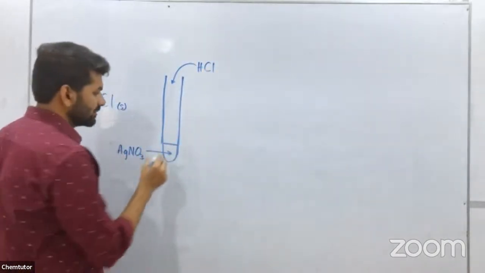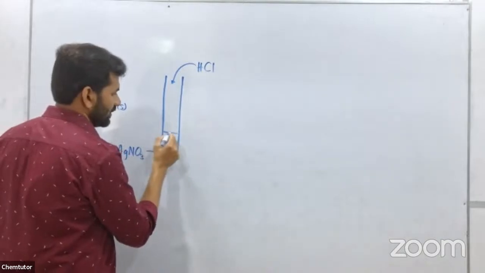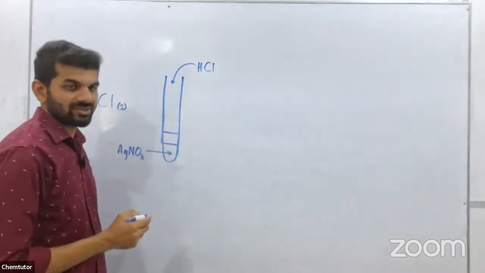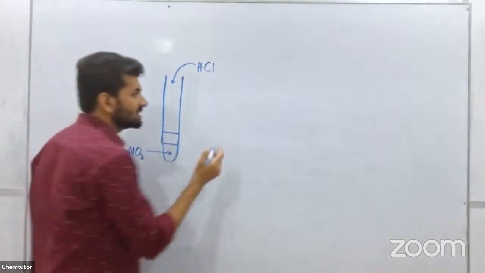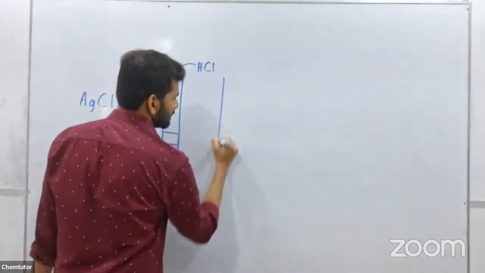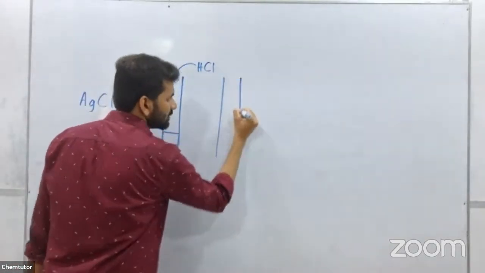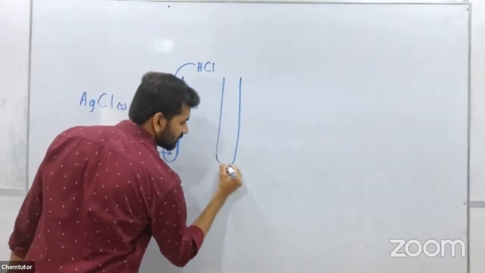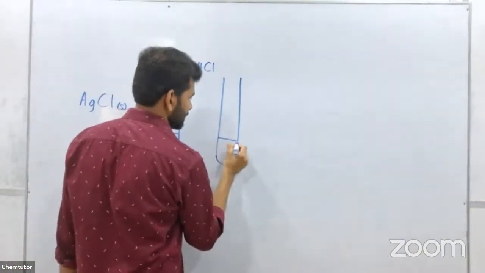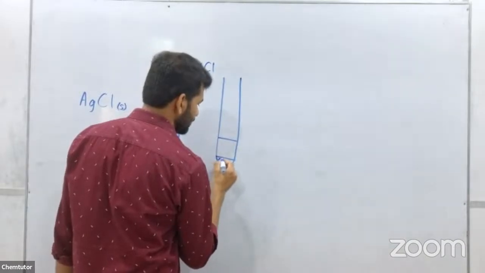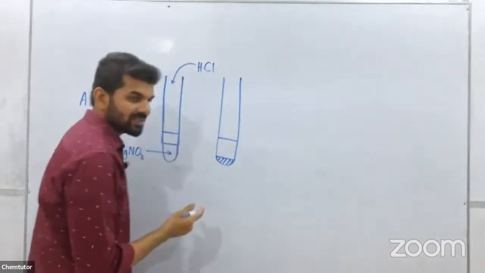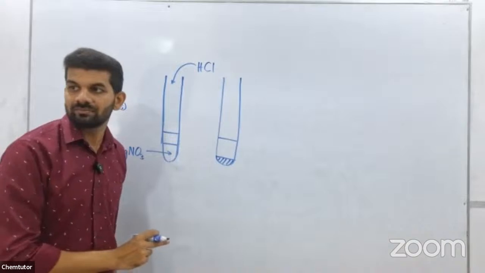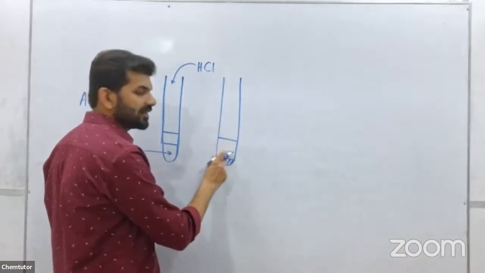What will happen? Now let's assume we have added hydrochloric acid up to this level, and this is going to be a mixture. Then it will form a white precipitate of silver chloride at the bottom. And there will be an aqueous solution.